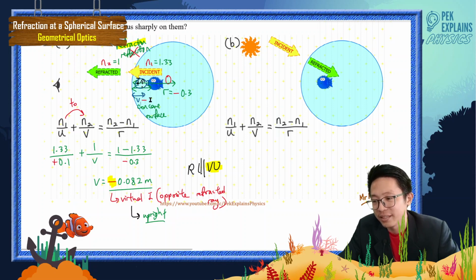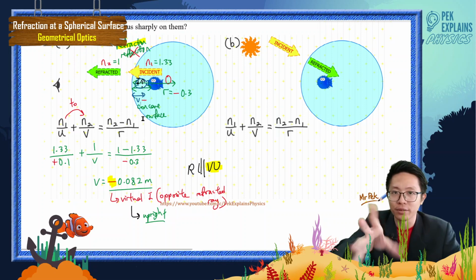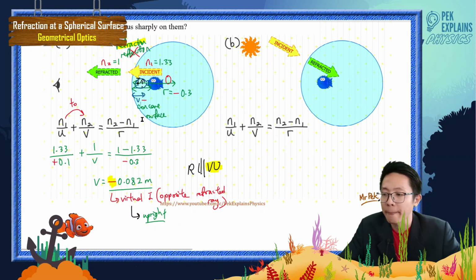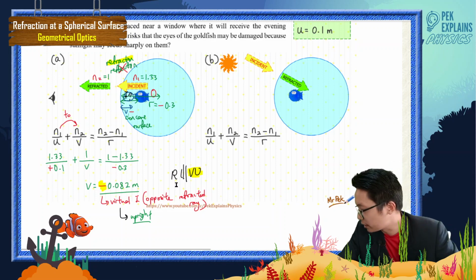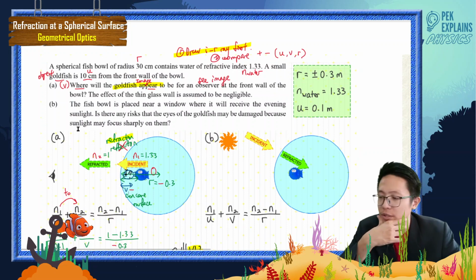V is negative, opposite to the refracted ray, and it's still upright. Virtual is upright. You still see the fish as upright, not inverted like a dead fish. Okay, that's good. Now let's move on to the next question.